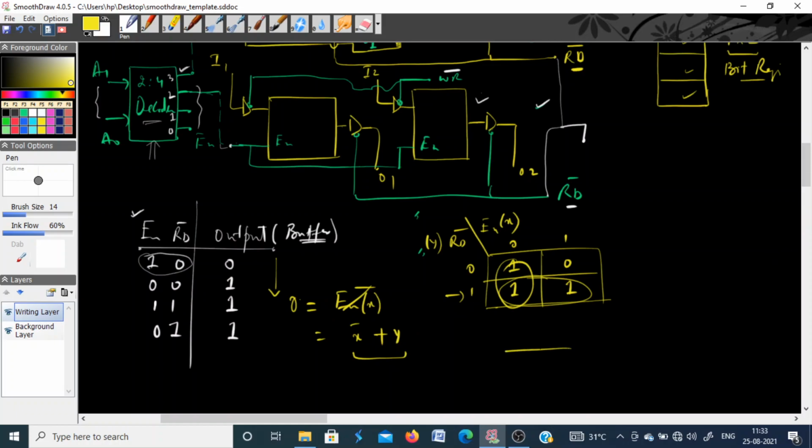It means you have 2 pins, one is enable and one is read. So you have to use the inverter here to make its complement, and then you have to perform an OR operation using an OR gate. Now this is the output which is basically used to control this buffer.